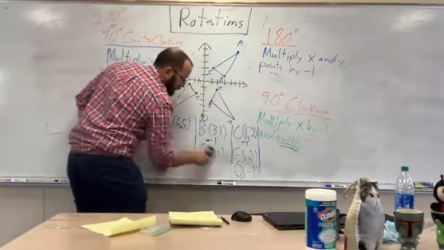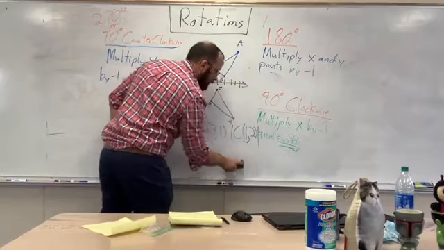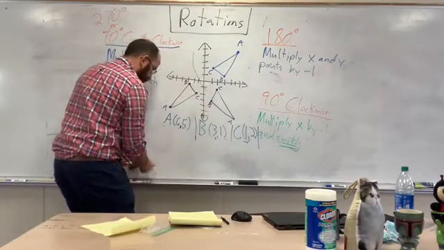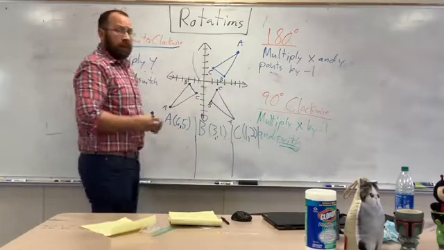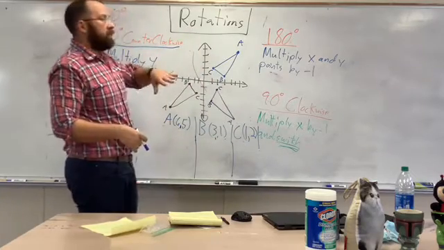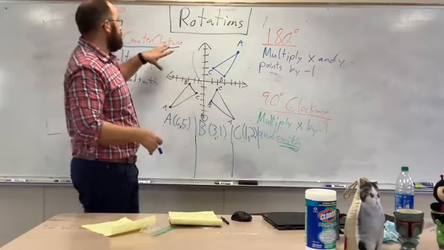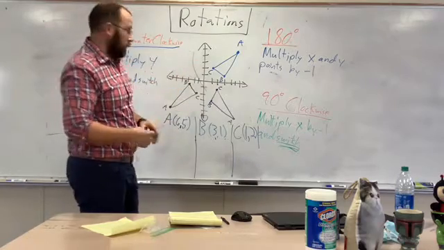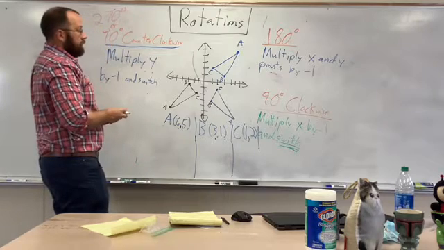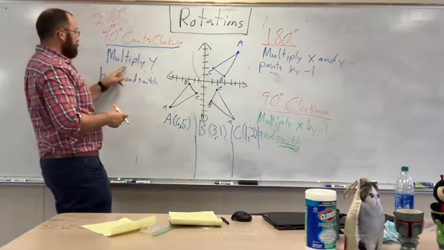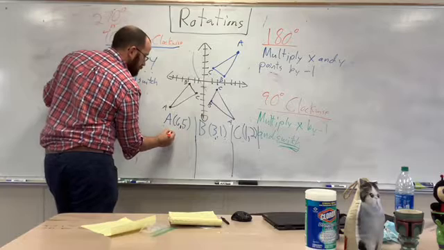All right, I'm going to erase this real quick. And then we're going to do our last one. So that's how simple this really has been so far. Rotations is just about following the rules as long as it's around the origin. So I multiply y by -1.